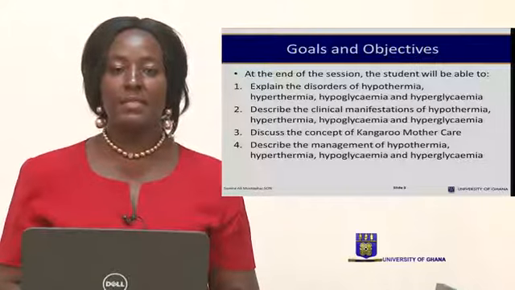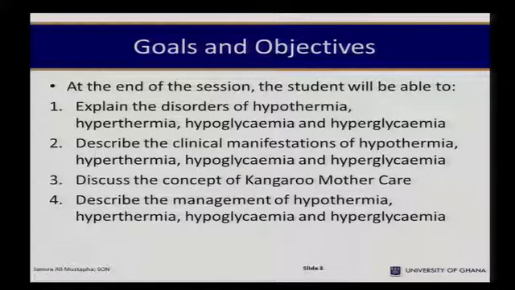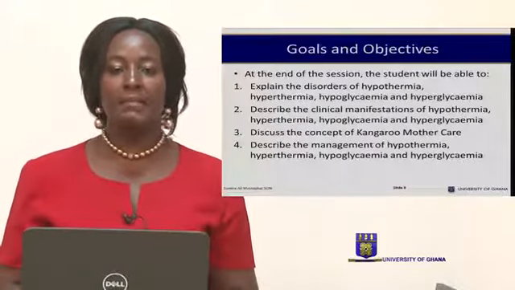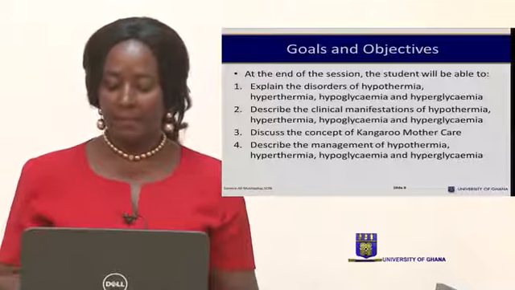At the end of the session, the students will be able to explain the disorders of hypothermia, hyperthermia, hypoglycemia, and hyperglycemia, describe the clinical manifestation of hypothermia, discuss the concept of kangaroo mother care, and also describe the management of hypothermia and hyperthermia, hypoglycemia, and hyperglycemia.